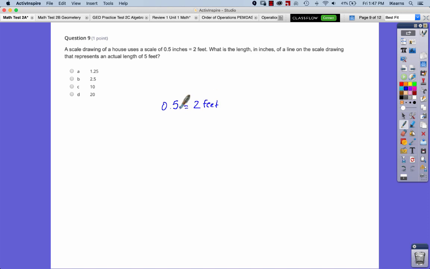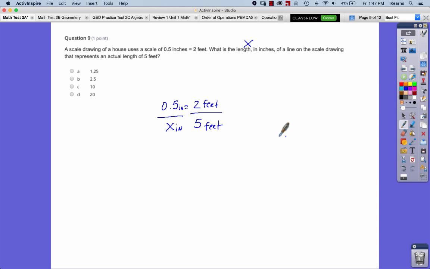What is the length in inches of a line on the scale drawing that represents an actual length of 5 feet? So in other words, x is going to be our inches. We've got this, 2 over 5, and we want inches, and they've given us feet.